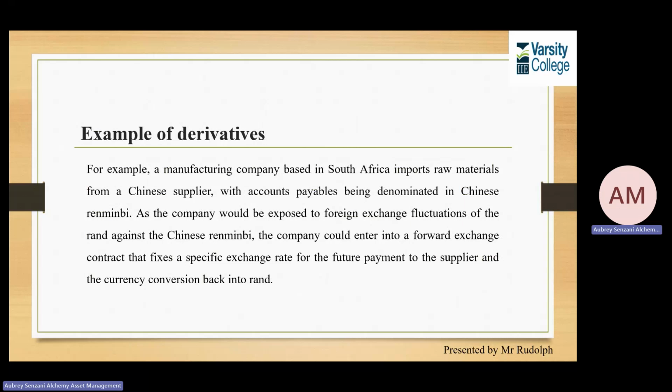But in order to buy things in China, we're going to use what? Their domestic currency, right? Now, as a result of that, it means that our rands at different points in time are only going to buy us so much Chinese.